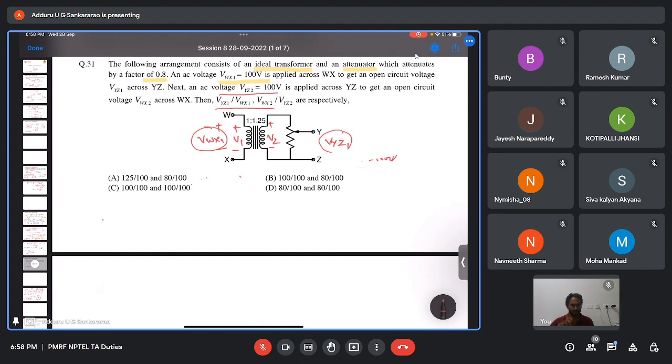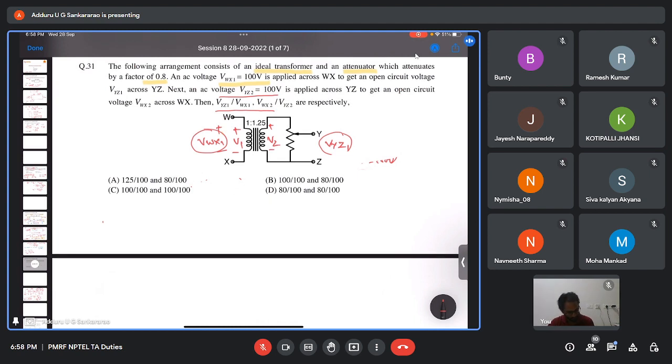Voltage across primary is V1, voltage across secondary is V2. Then what is V2 by V1? Just now we have seen V2 by V1 equal to N2 by N1. So N2 is 1.25 and N1 is 1. So from here V2 is 1.25 into V1.